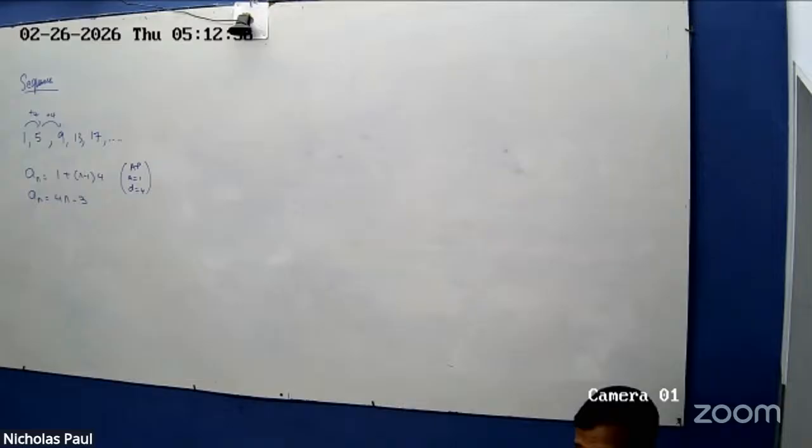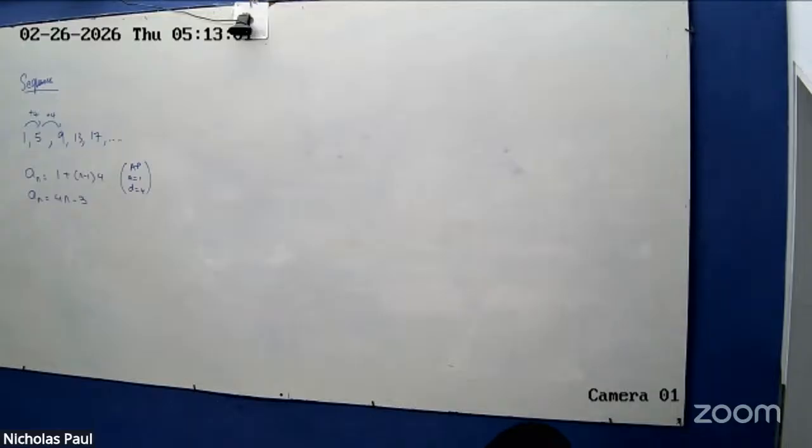Number two, convergent. Anybody give me an example of a convergent sequence? We talked about it last week. Yes, it tends to a value, but give me an example now.